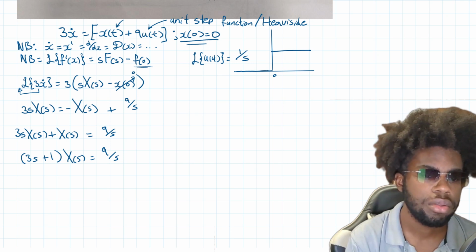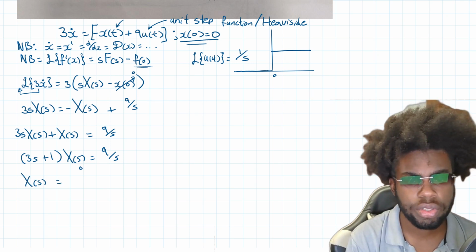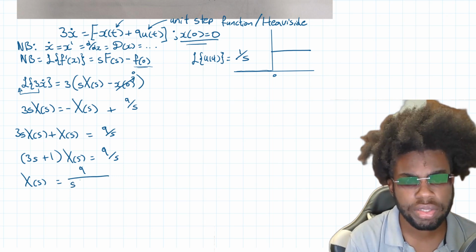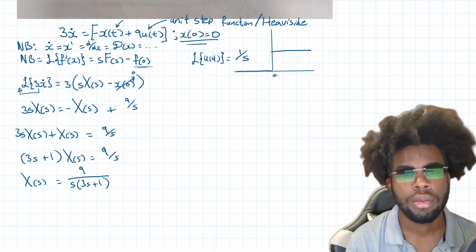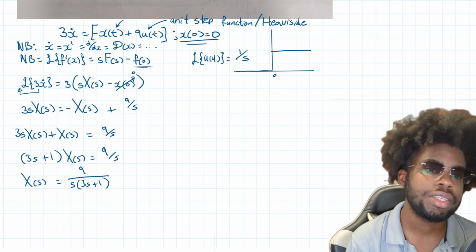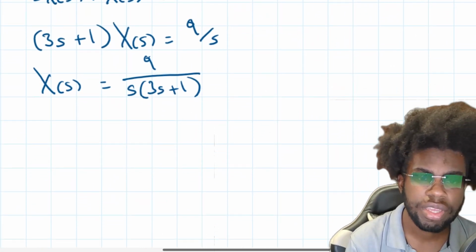Beautiful. X of s is then equal to 9 over s(3s plus 1). Whew, not too bad. But we were not tasked with finding the Laplace transform X of s.